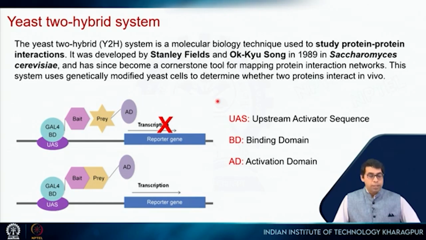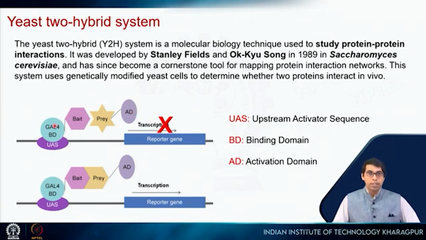Another important experiment that was first done in yeast is the yeast two-hybrid system. So this is a very useful experiment that is used to study whether two proteins interact with each other. So this particular protein, the GAL4 binding domain, and this activation domain are normally linked together.